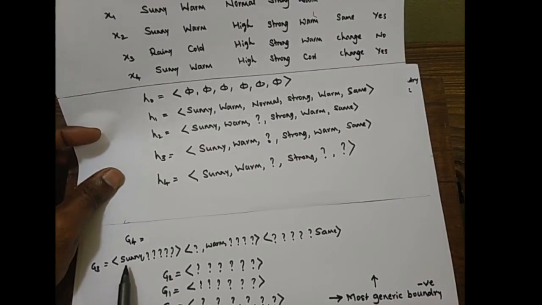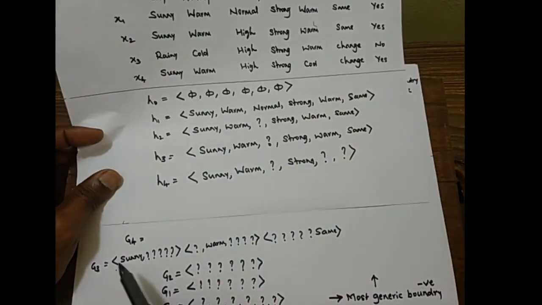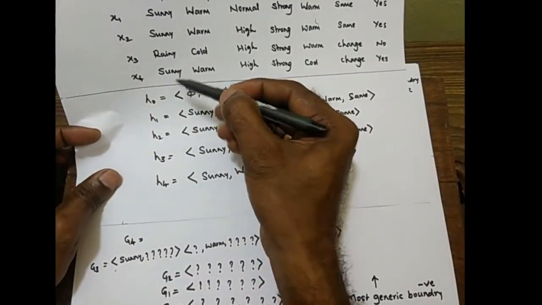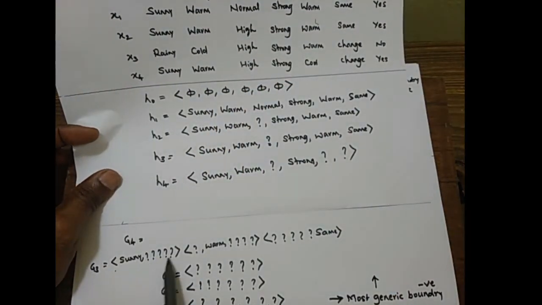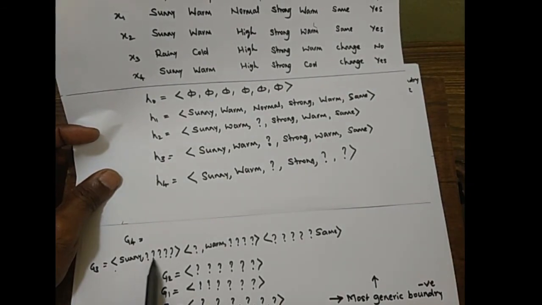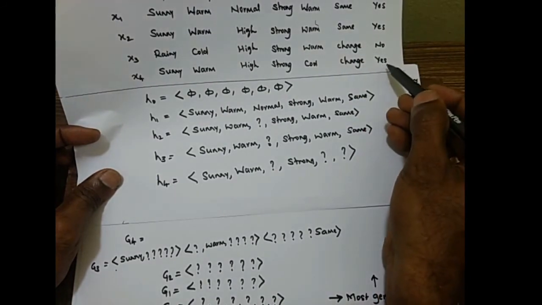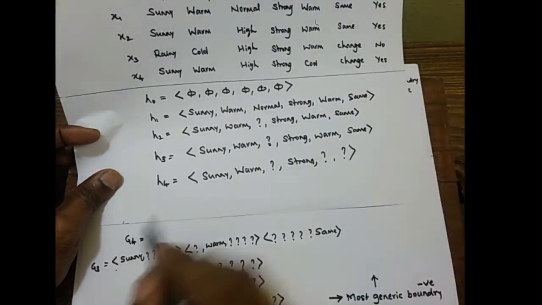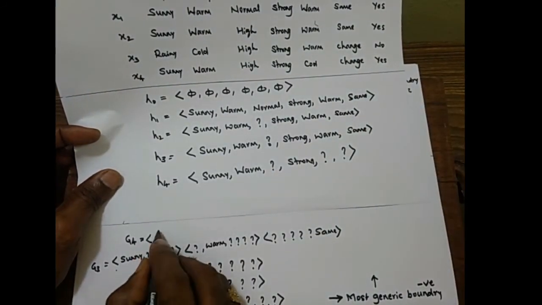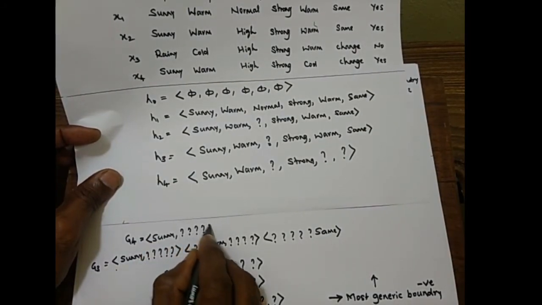If I compare the first hypothesis with X4, Sunny is there, Sunny is here, then all question marks will indicate any values are acceptable. So this will show this example as positively classified. That is, we can take it: Sunny, 1, 2, 3, 4, 5.